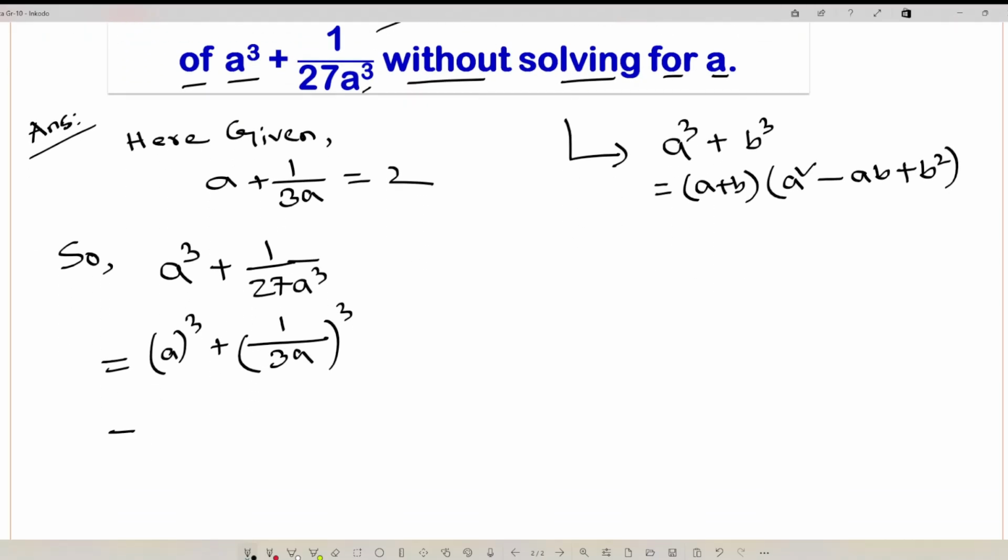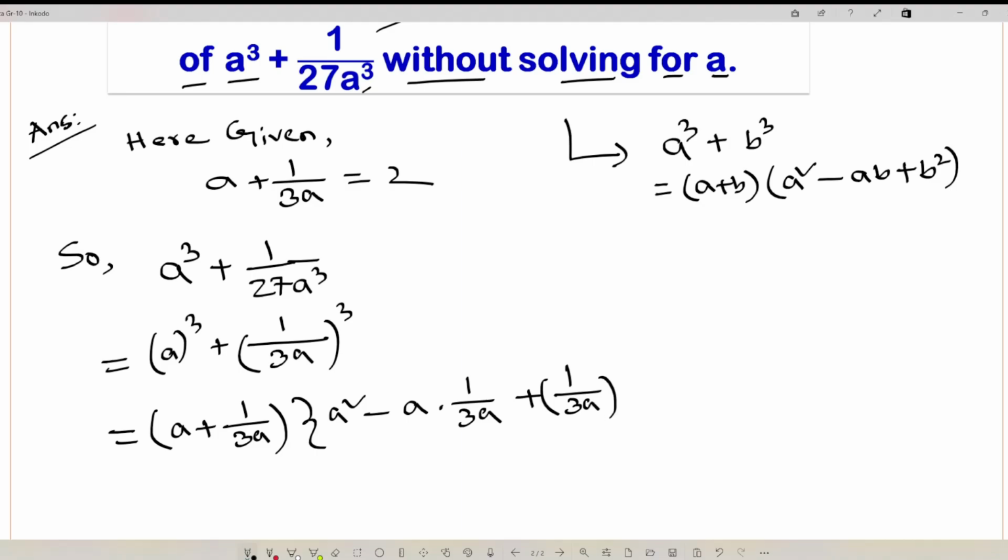Now a plus b means a plus 1 by 3a, then a square minus a times b, where a is a and b is 1 by 3a, plus b square, which is 1 by 3 square, right?